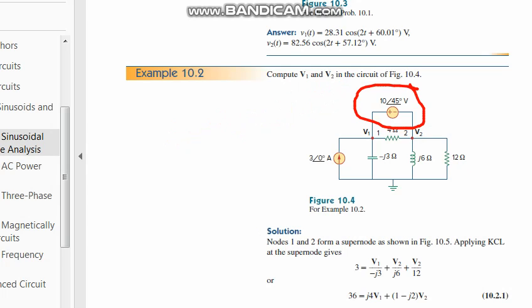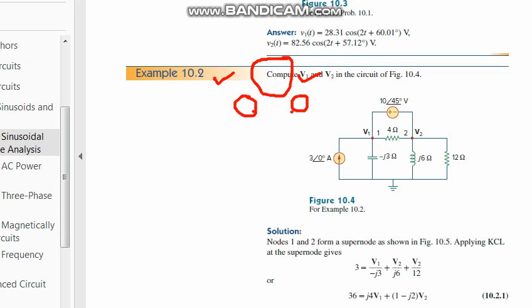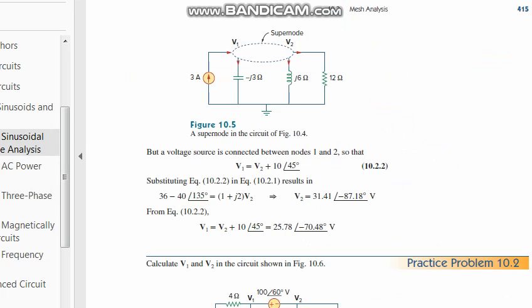V1 minus V2. Now let us go to the next section, at nodes 1 and 2 from the supernode. How can they get this? Look back at it. Here 3 amperes is the source. Go to the previous section.